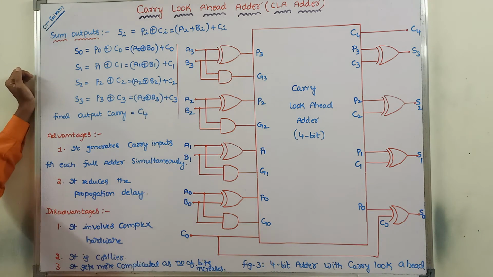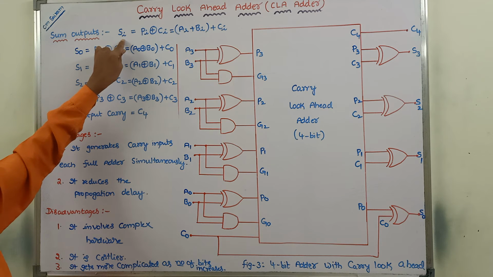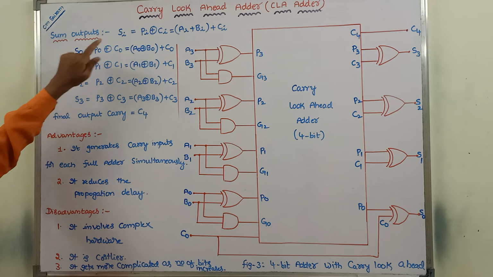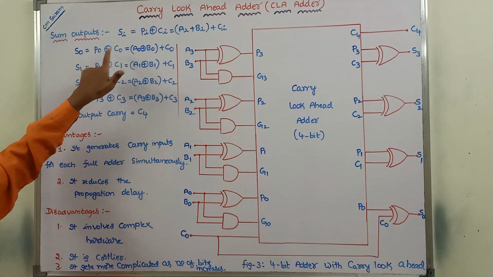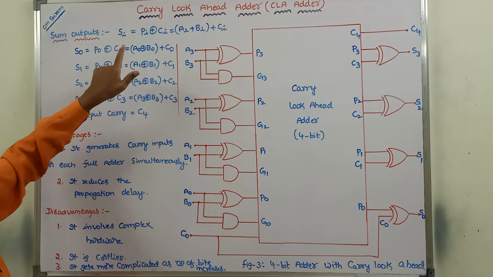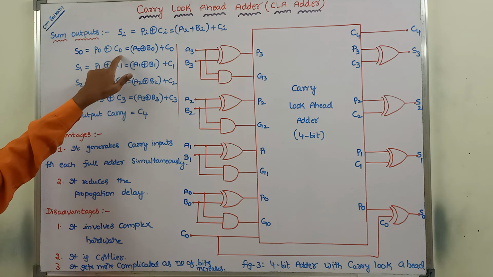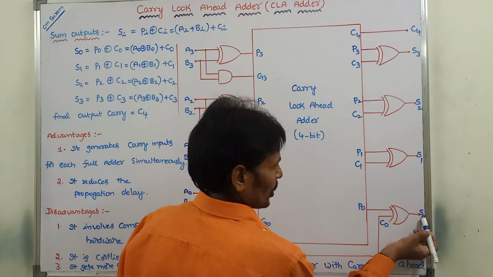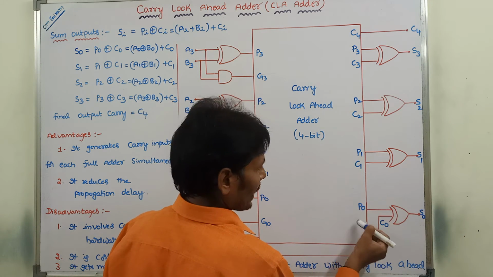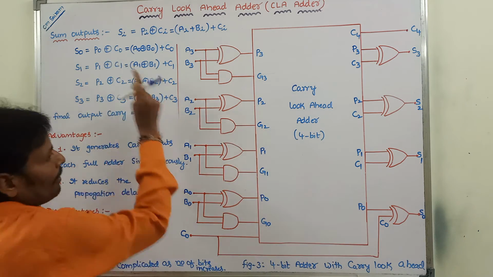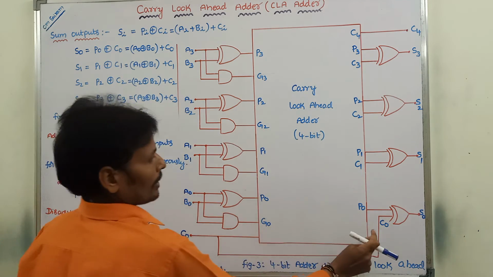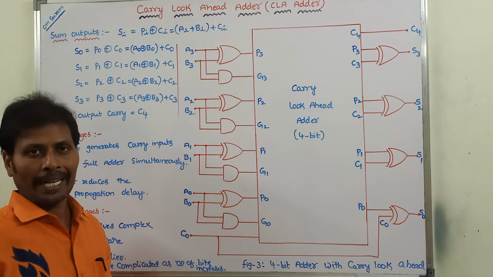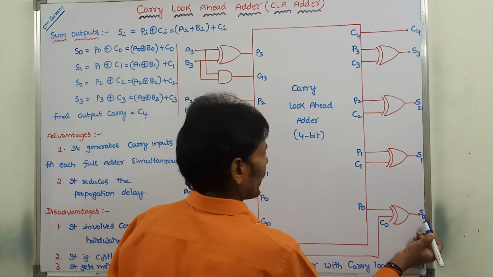So put i value equal to 0 in that formula. That is S0 is equal to P0 exclusive OR C0. Here the S0 output we are getting by taking the two inputs P0 and C0. These two inputs can be sent to a two input exclusive OR gate. Then we are getting the output S0.